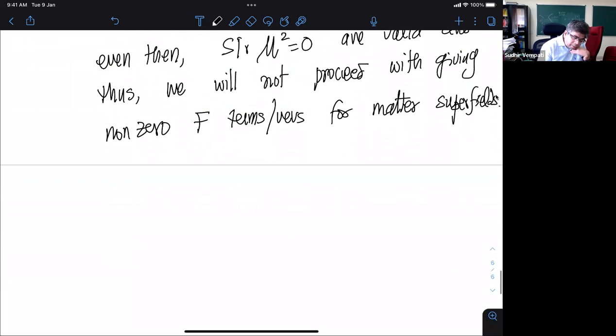I'll come to an example later of when an F will get a vacuum expectation value. But let's just assume there are ways of getting one.